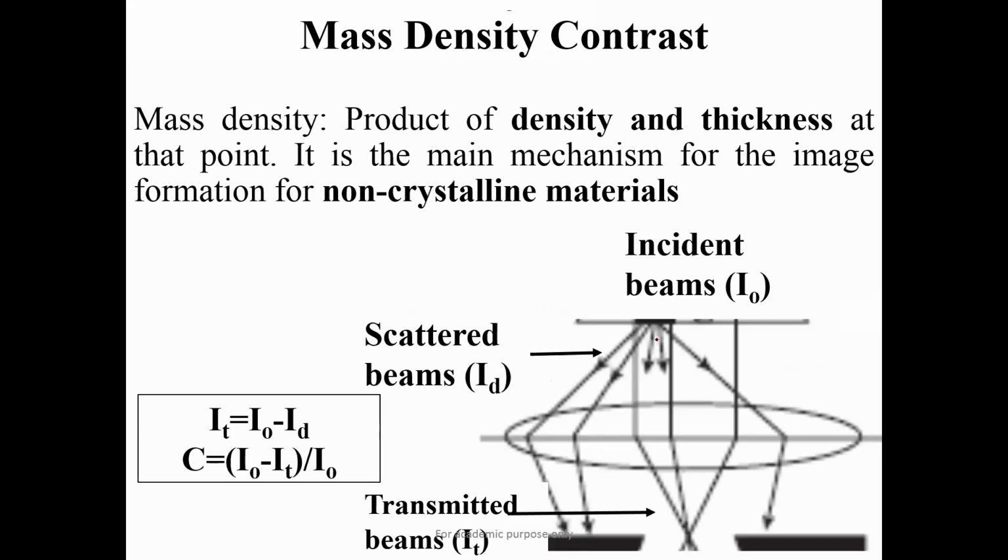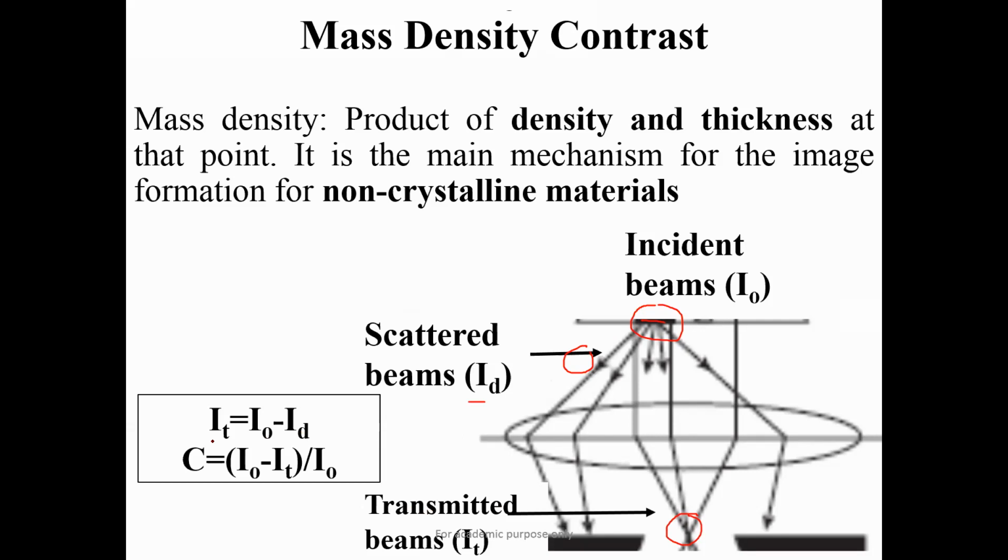How do we define it? Suppose electron beams are incident, some beam is scattered and some is passing through the aperture. The beam passing through the aperture is known as the transmitted beam, and the total number of electrons scattered from this sample is known as ID.